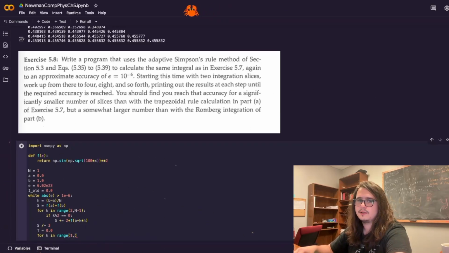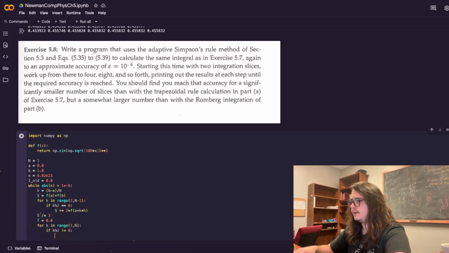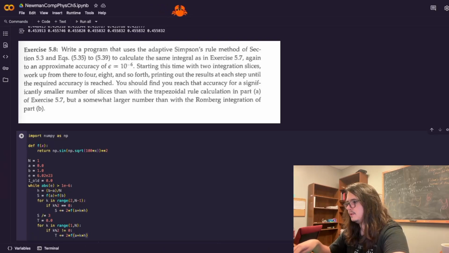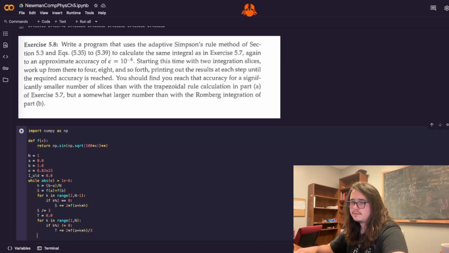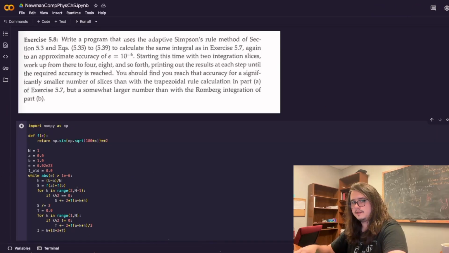So we start with 1 and we go to n, and only catch the odd values to add on to t, and you add on 2 times f of a plus k times h again, and you divide it by 3. Once you have both of those, calculating I is you just take your h and multiply it by s plus 2 times t, and that's going to be the value of the integral.